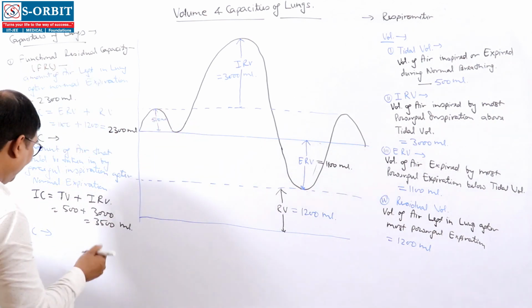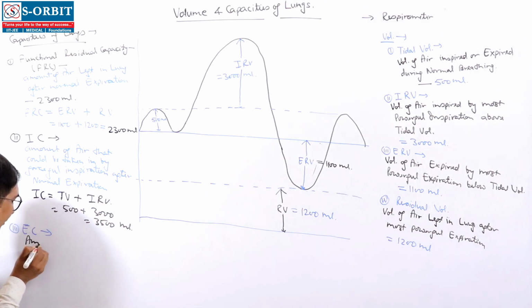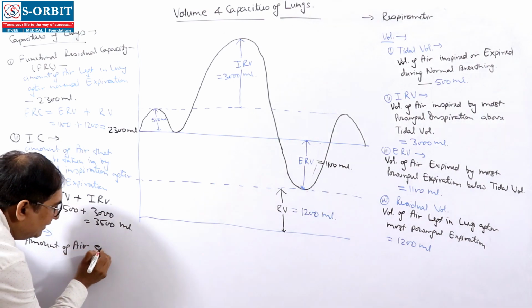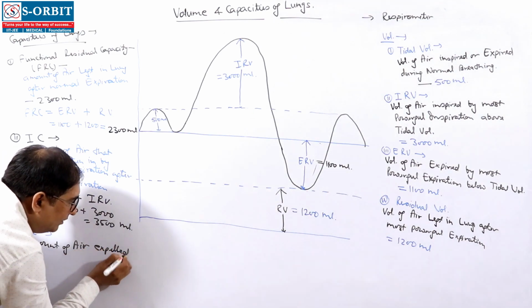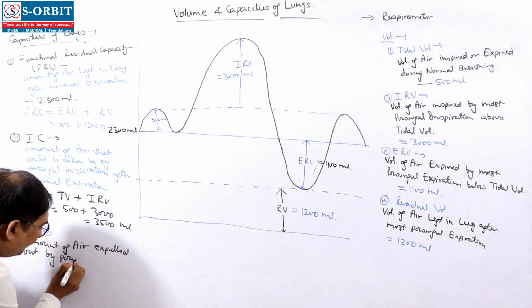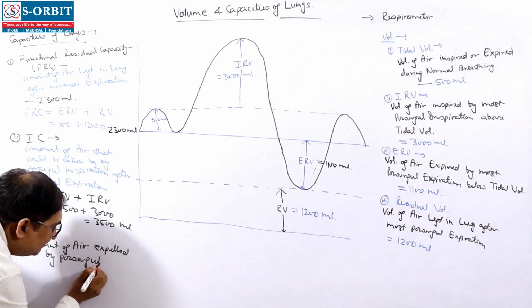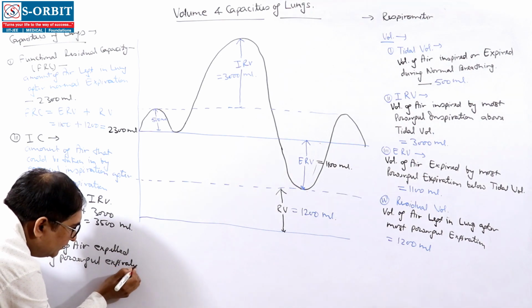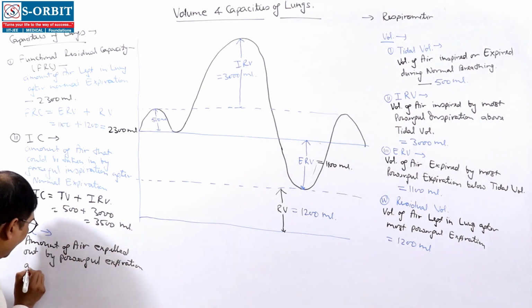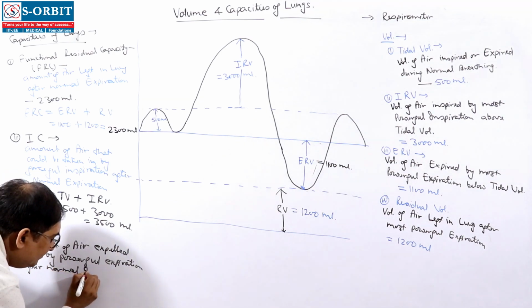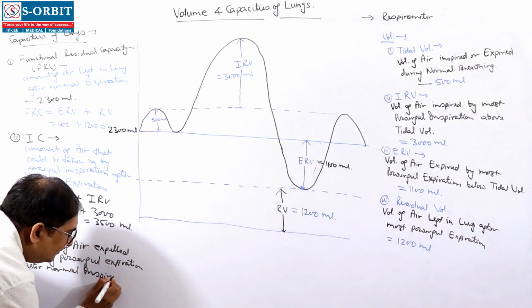So expiratory capacity is the amount of air expelled out by powerful expiration after normal inspiration.